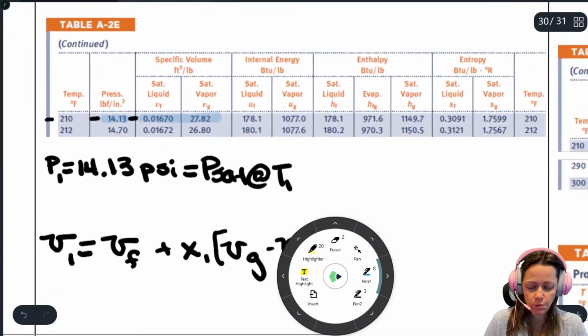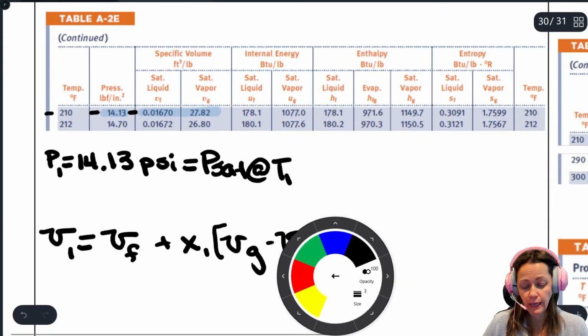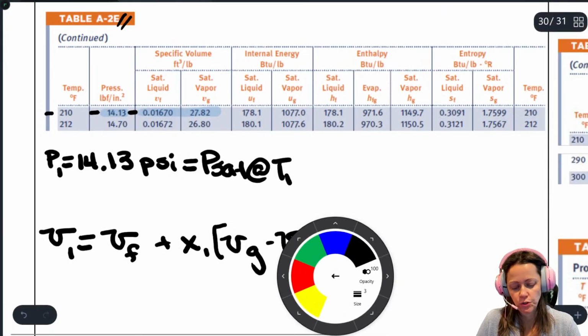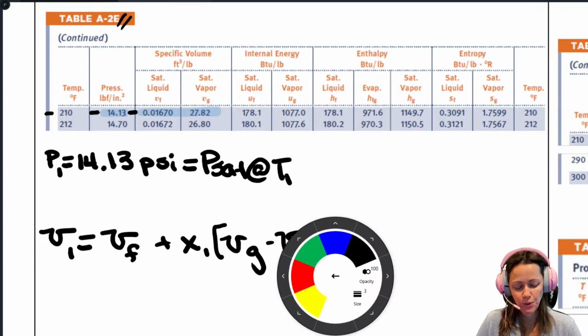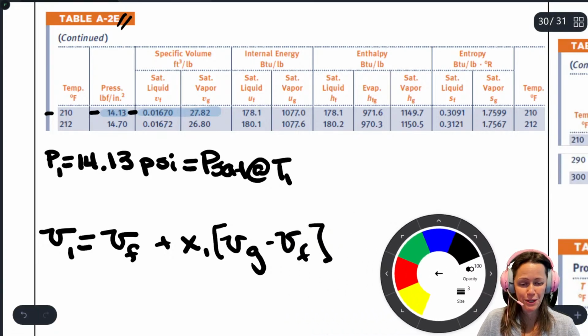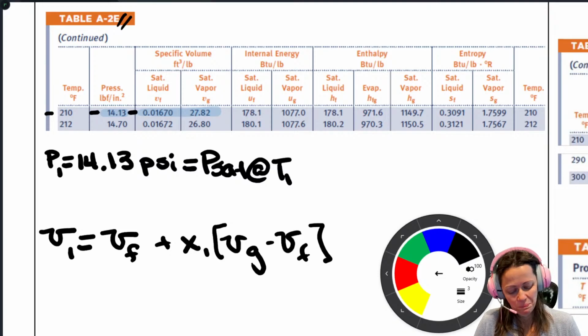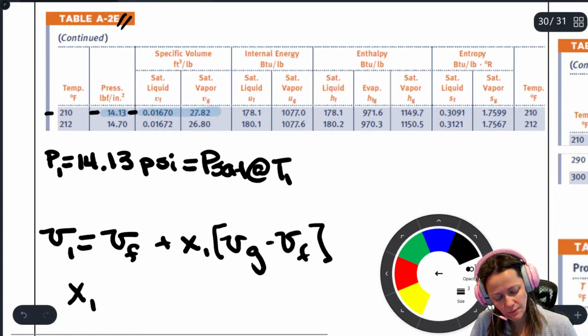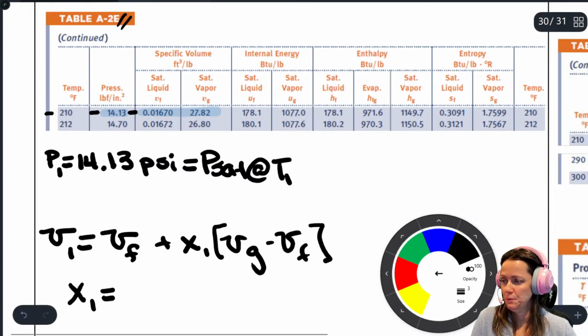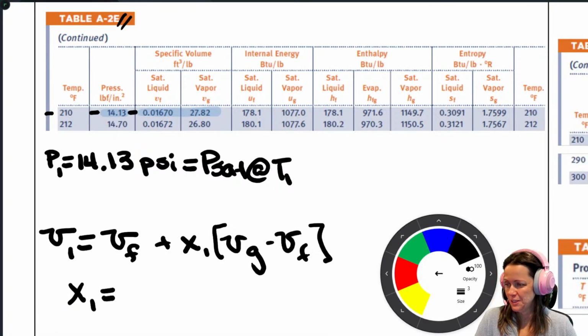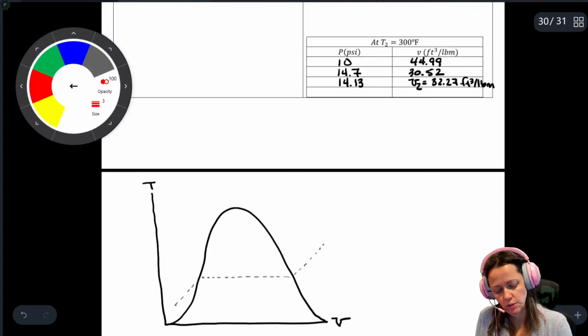It's in feet cubed per pound mass because we're in English units, so make sure you go to the appropriate tables. Otherwise, you're going to get confused and waste time. So v sub f is 0.0167 and v sub g is 27.82.